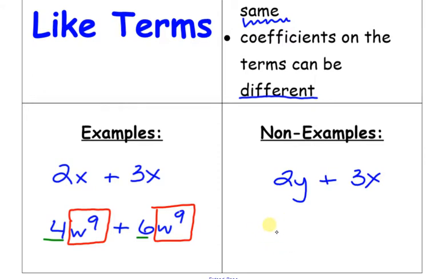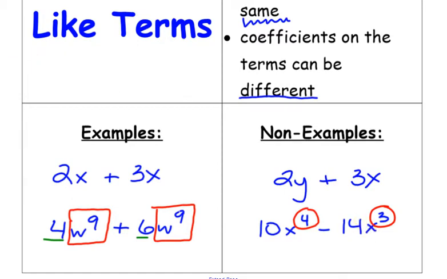Another non-example would be 10x to the 4th power minus 14x to the 3rd power. Yes, the x's are the same, but the exponents have to be the same too. In this case, one exponent is a 4 and one is a 3, so we cannot combine them.